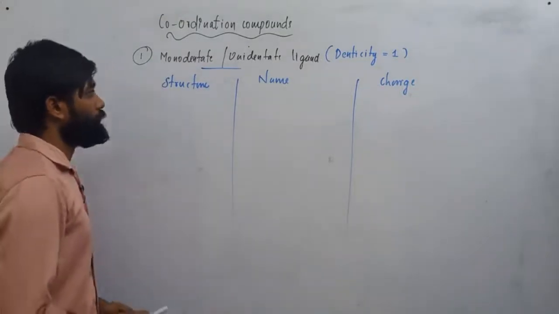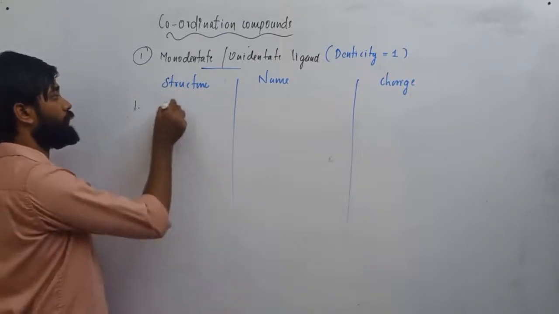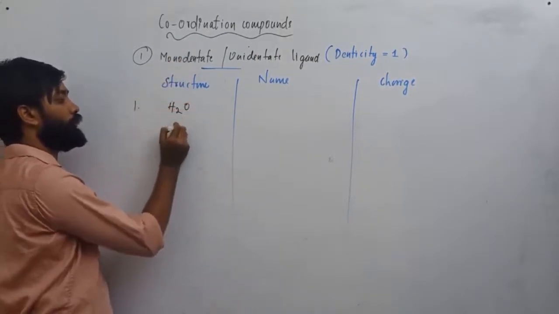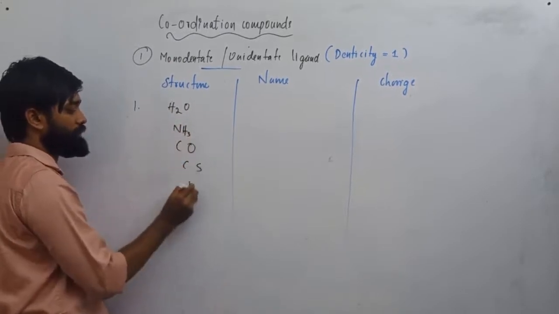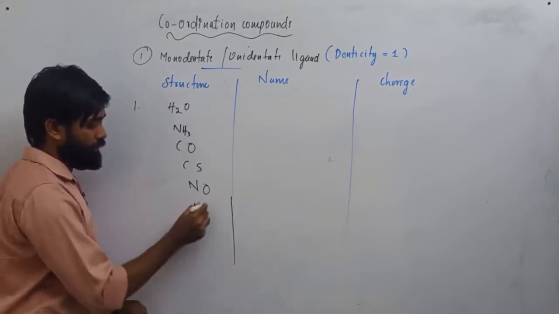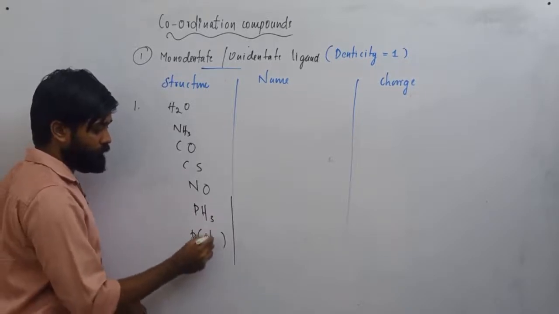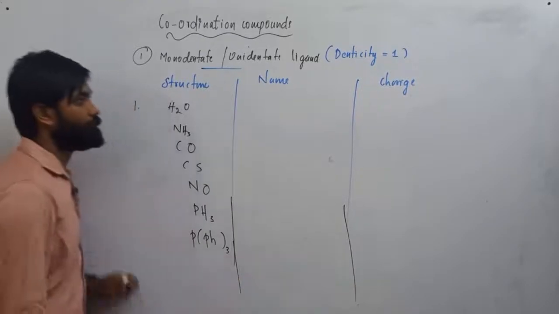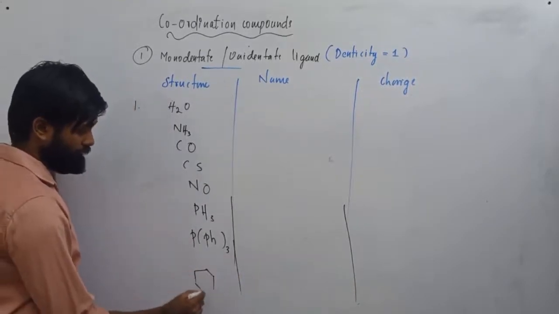Let me start with the neutral ligands: H2O, NH3, CO, CS, NO, PH3, PH3 twice, pyridine.